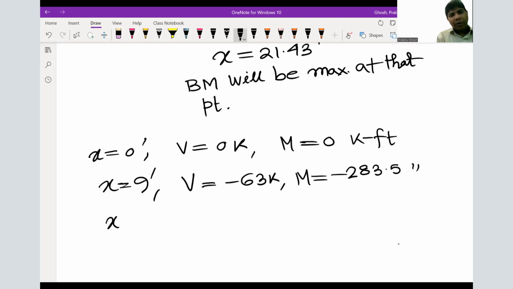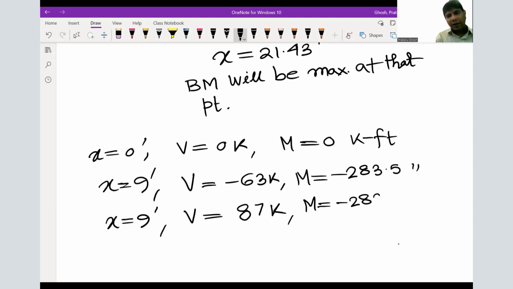Again x equal to 9 feet. Why? You have the same point because the second segment starts from there, exactly from 9 feet. So let's plug it in and we'll see the values are going to change. Why? Because we have Cy, now it is pushing. That's why your V is changing at the same point, but M remains the same, negative 283.5 kip-feet.